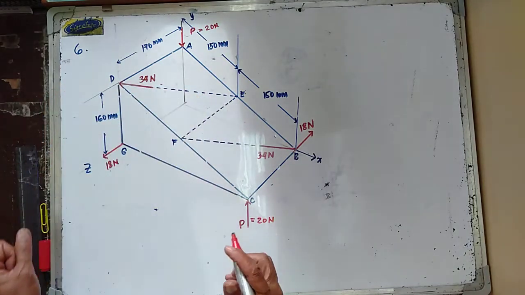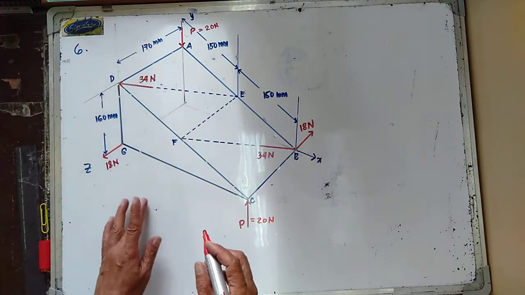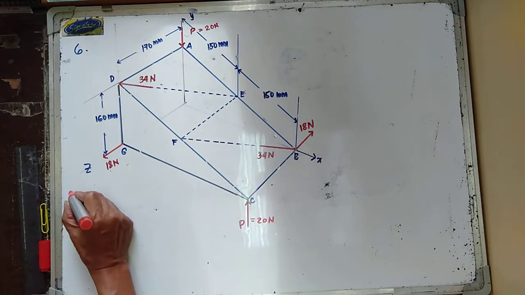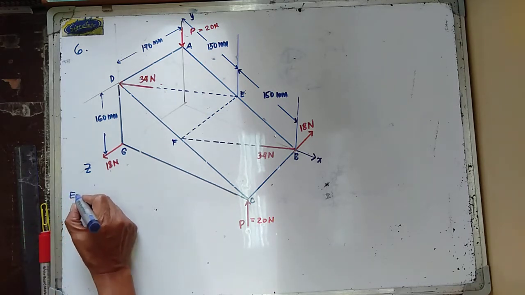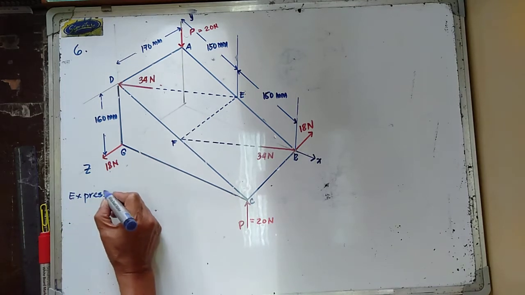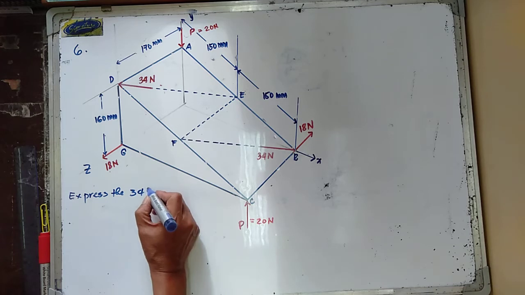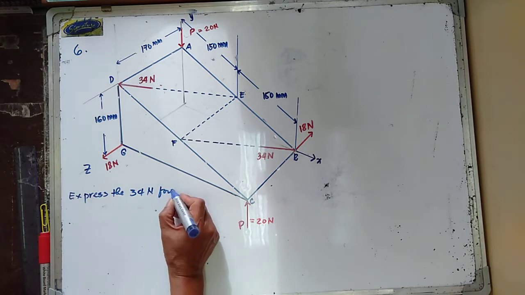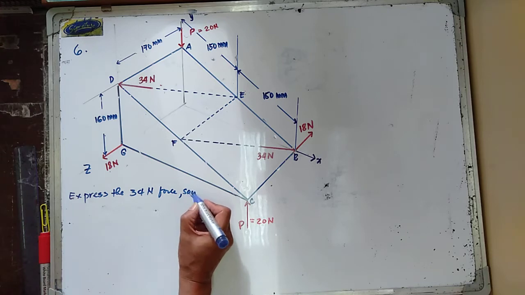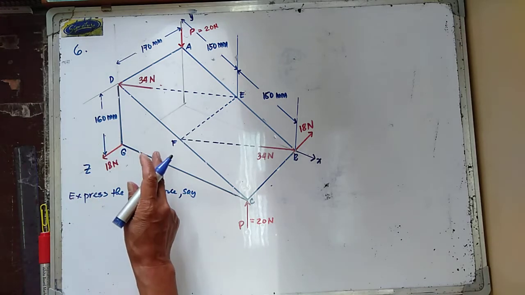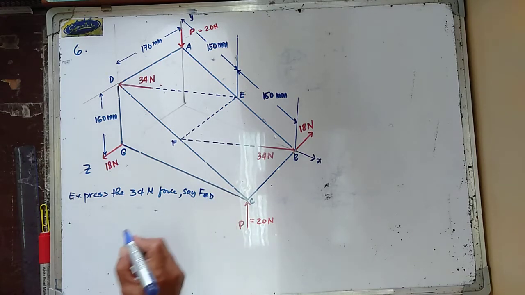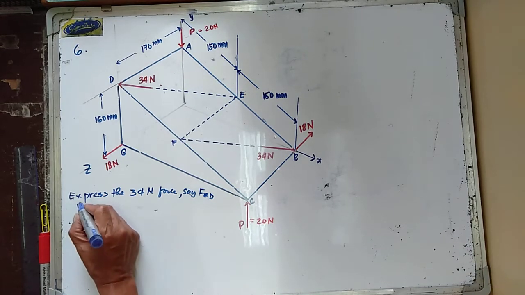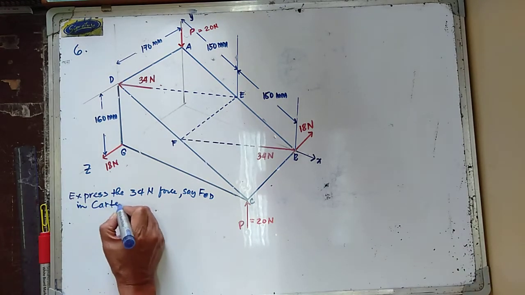Let us try to express the 34 Newton force, say FED, in Cartesian vector form.